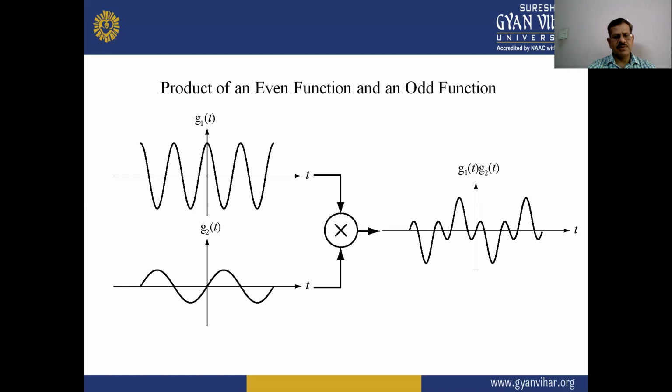In that case, if the g1 function is sinusoidal and g2 function is a cosine function, the product of the sine and cosine, even or odd function, is the resultant waveform in the second waveform diagram, the waveform of the product of g1(t) and g2(t) versus time.